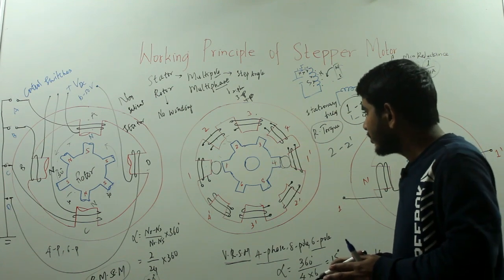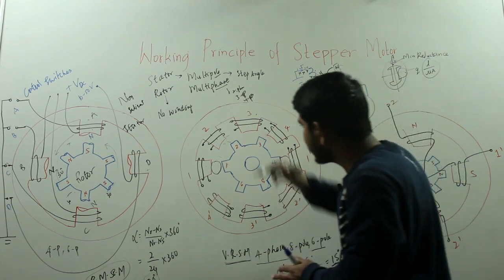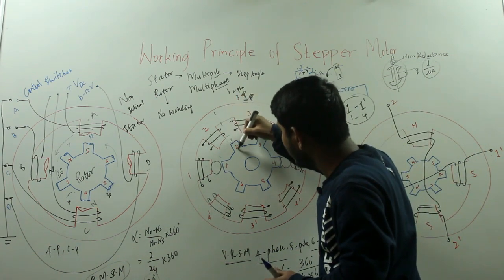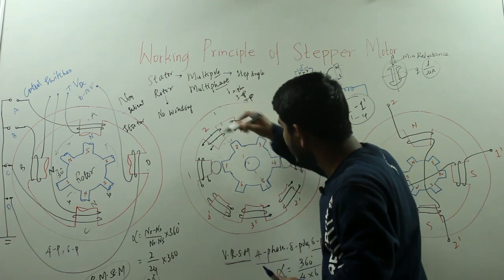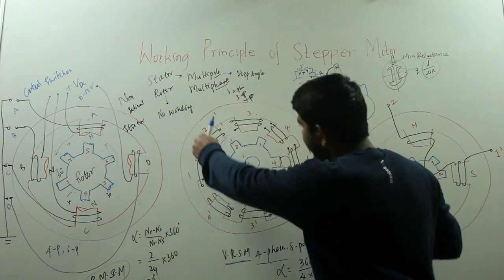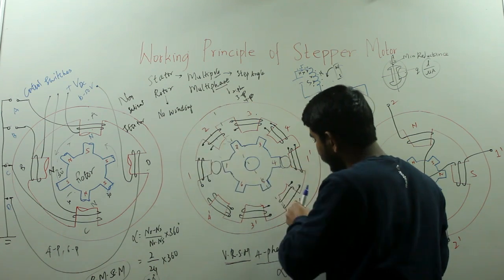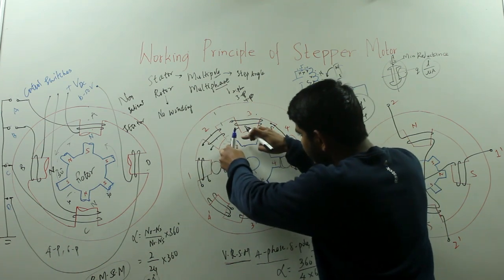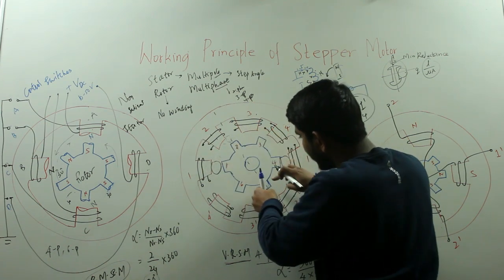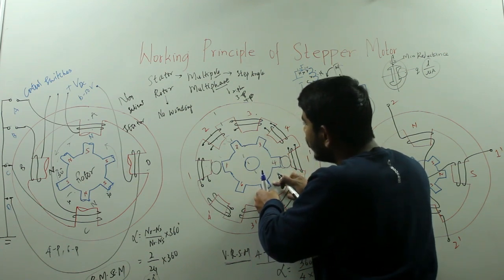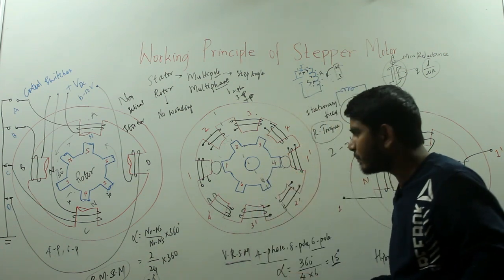For the minimum reluctance, you can see the poles 2 and 5. Now we have excited the phases 2, 2 dash, and these rotor poles 2 and 5 will move to the minimum reluctance path.